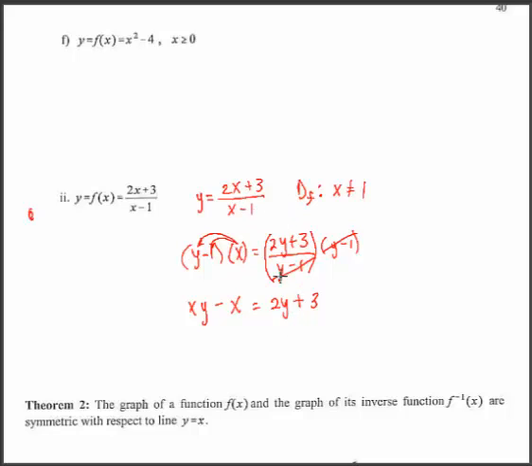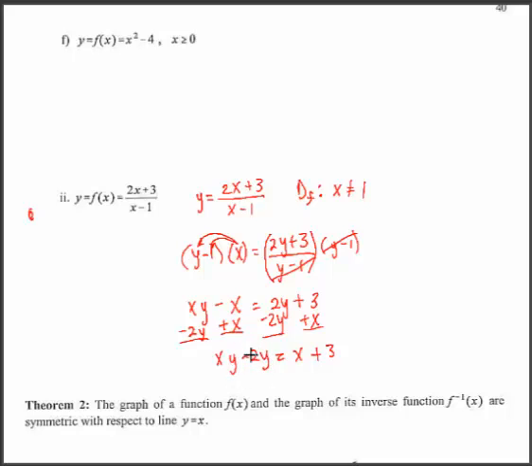Okay, I will simply move my y variables to the left and this x to the right. So I'll say minus 2y and minus 2y, and then I'll say plus x, and so now I have xy minus 2y on the left, and I have an x plus 3 on the right.